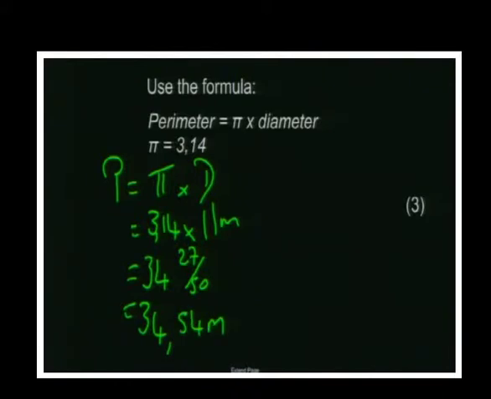And perimeter is a length, isn't it? Because it's a length, I'm going around. So it's just meters, not meters squared, not meters cubed. Squared belongs to area, cube belongs to volume. So it's just meters, 34,5 meters. Are we happy with that? Let's look at the next question.